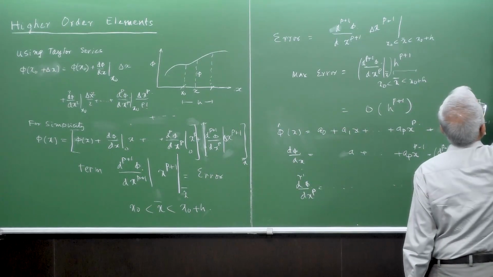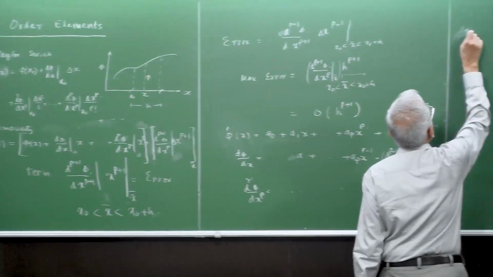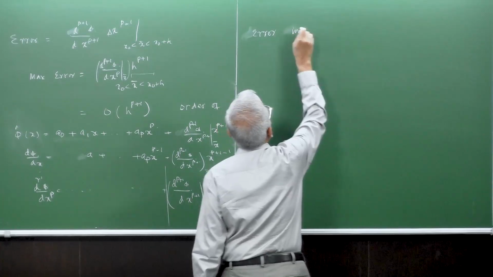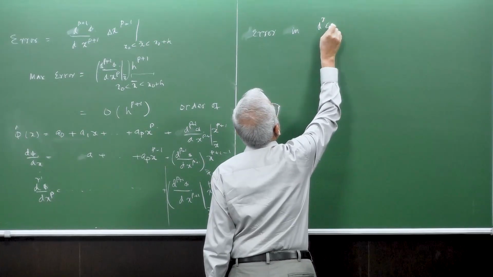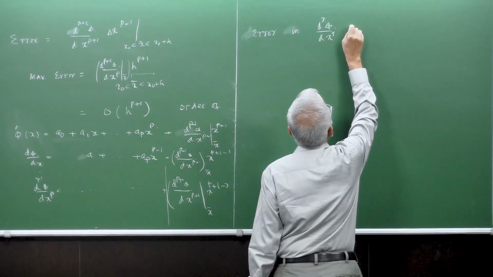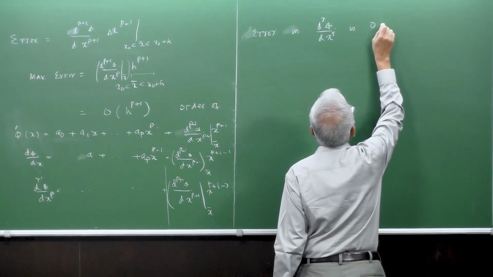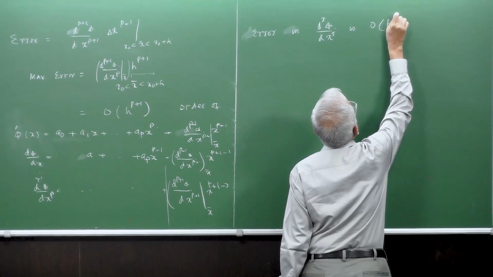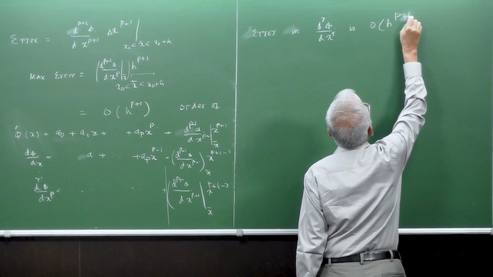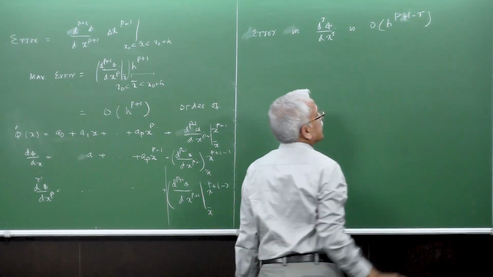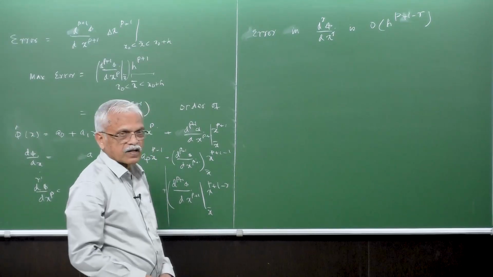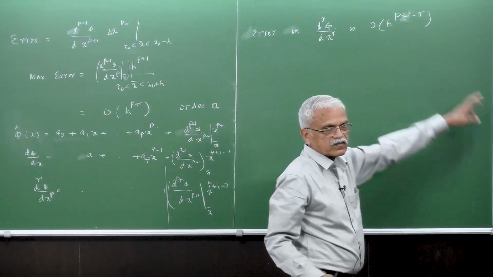And continuing the same discussion, the error now in the rth derivative is of the order of h to the power of p plus 1 minus r. So the error in the rth derivative is p plus 1 minus r.